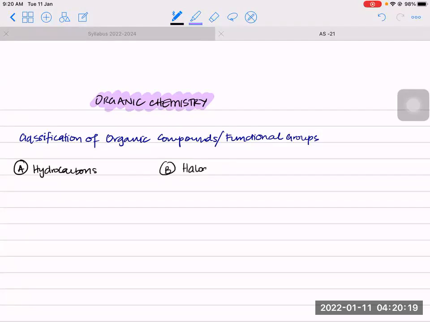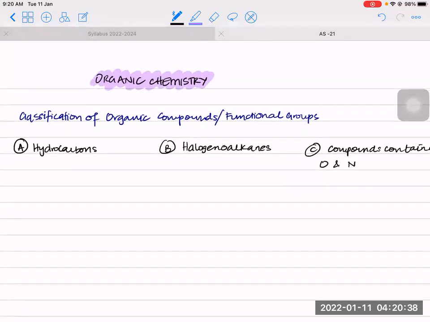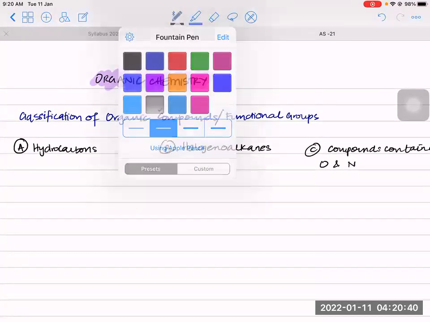Then we have halogenoalkanes. And then we have compounds containing oxygen and nitrogen.